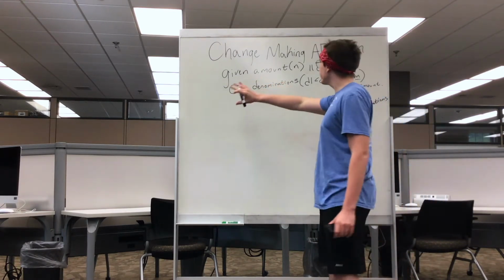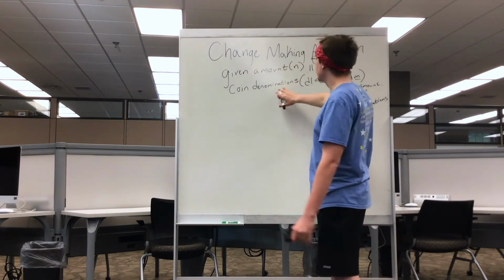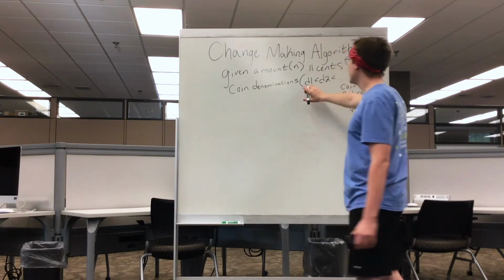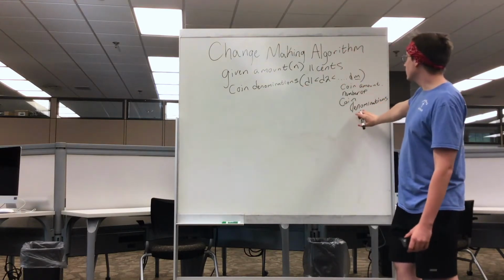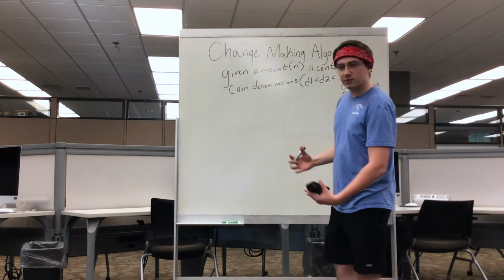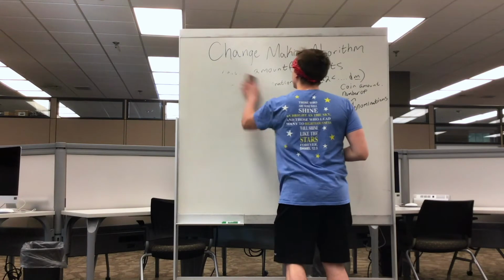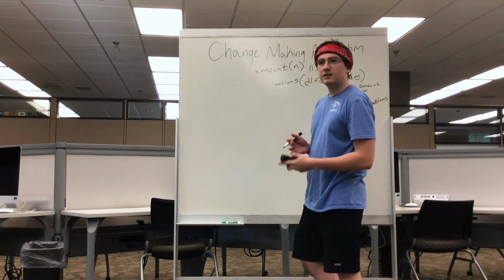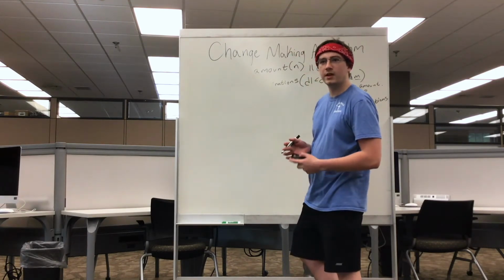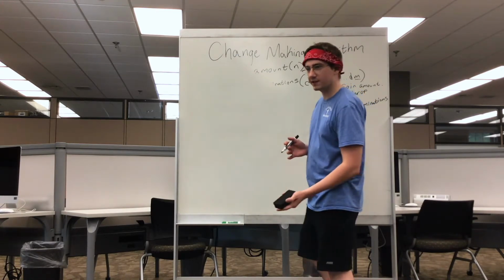So the change-making algorithm takes our given amount N, which is 11 cents, and then uses the coin denominations D1 through Dn, which is our number of coin denominations, and it comes out with the result. So our coin denominations in this case would be a penny, a nickel, and he wanted a dime, so we'll also include a dime, which would be 1, 5, and 10.